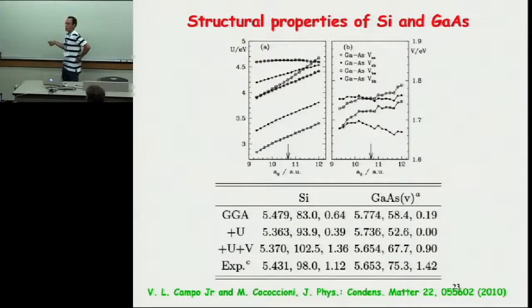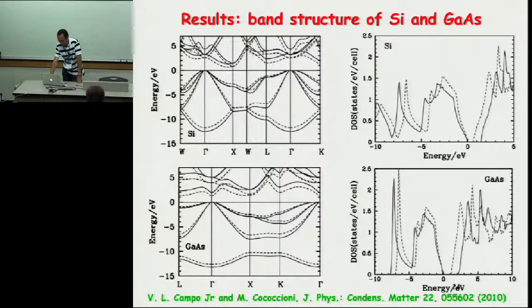So it normally improves the description of this system, compared at least with the normal GGA plus U. And of course, we have to look at the band structure. As you can see, you just get an almost rigid shift that opens the gap a little wider.